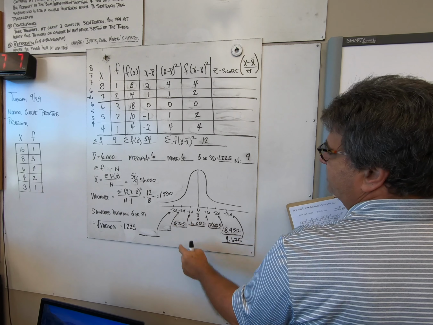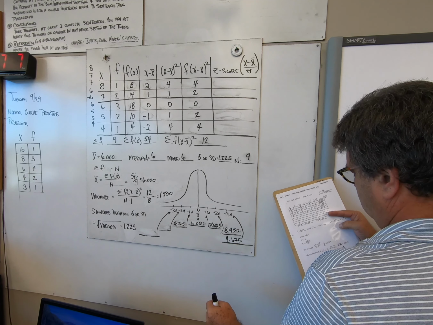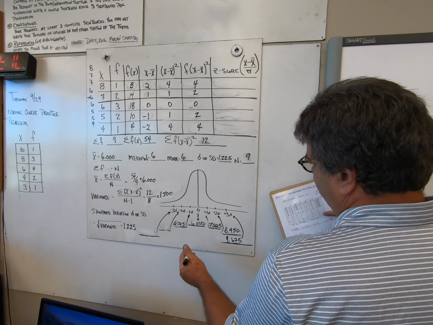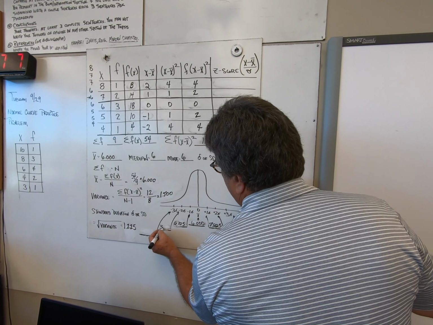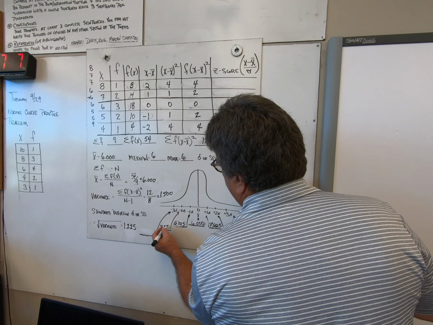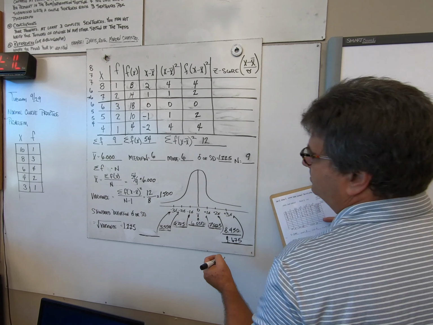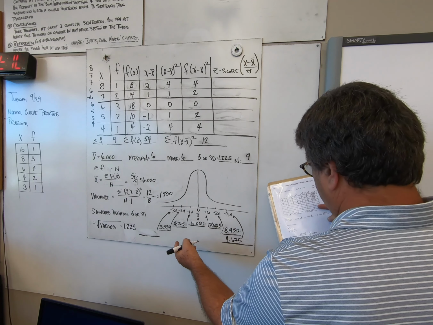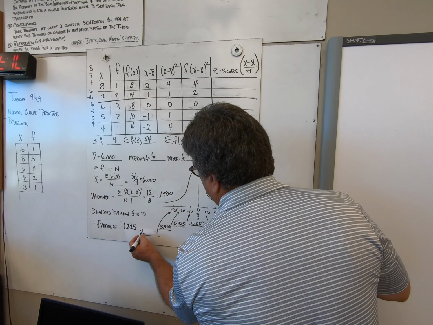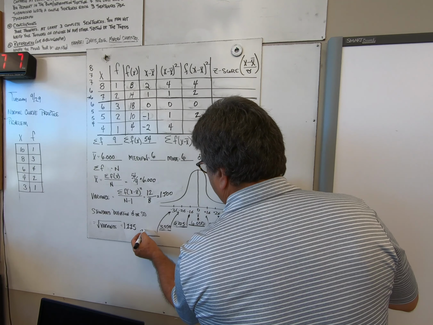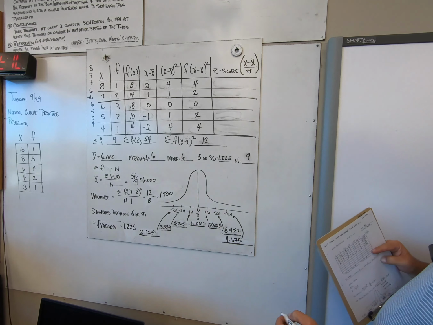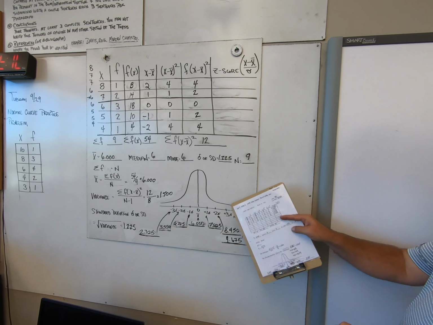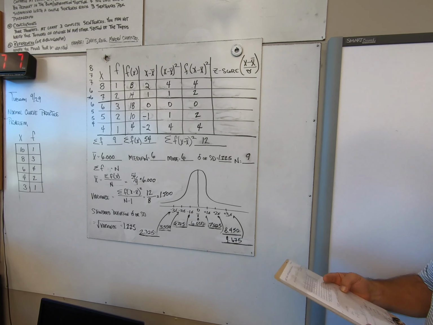How would I get to the second one? I got to subtract it again. 3.550. And to the third one, just do it one more time. 2.325. Okay? And that fills out the normal curve grid.